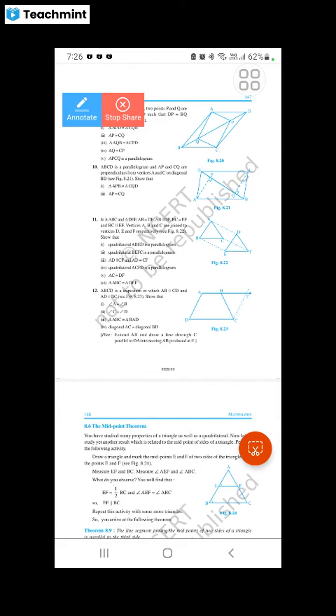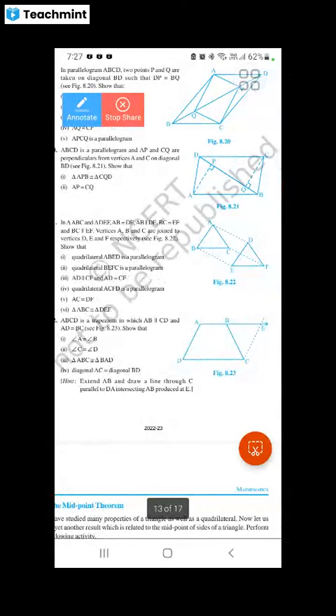Vertices ABC are joined to DEF. Quadrilateral ABED is a parallelogram. AB and DE both are parallel and equal. Look at the figure properly. Similarly, BC and EF both are parallel and equal.